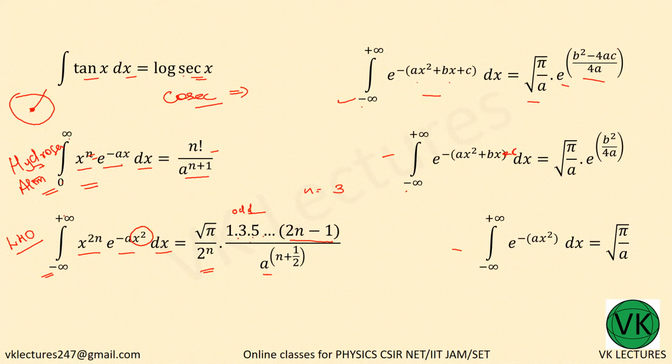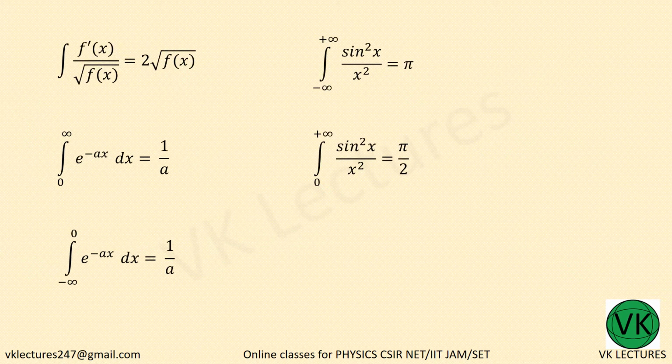So if c equals 0, what will happen? b square by 4a. Now in the third case you will remove the b quantity also. b is also 0, so you remove b also, you will get root pi by a. Okay, yeah, this is also important.